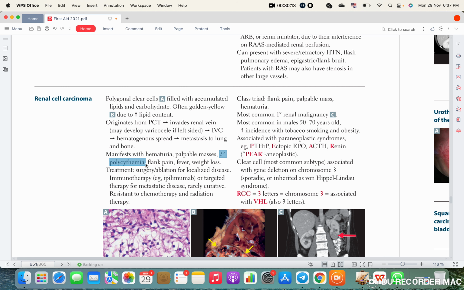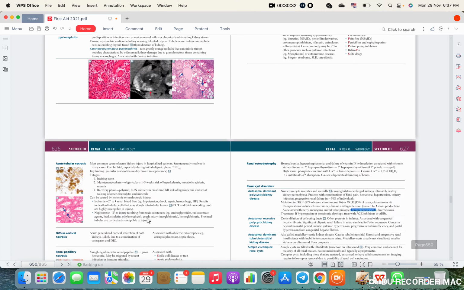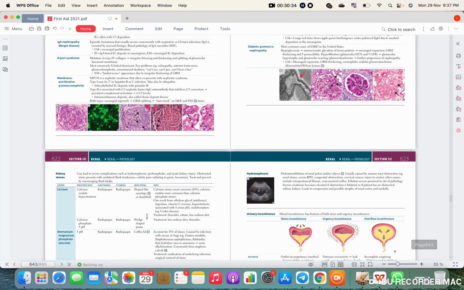So I was asking why they have secondary polycythemia. It's because of increased erythropoietin, and you must know that the erythropoietin normally is produced in the interstitial cells of the peritubular capillary, not the liver.